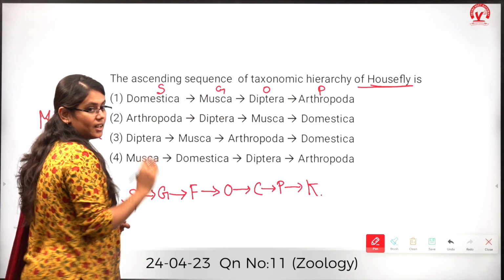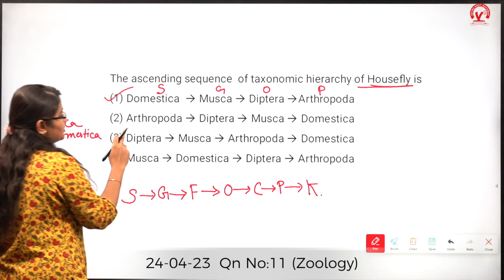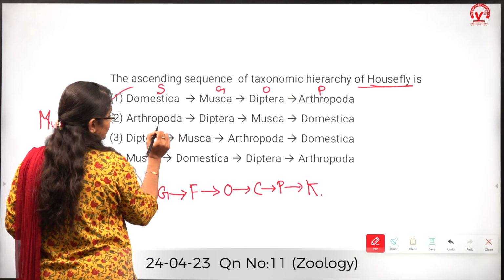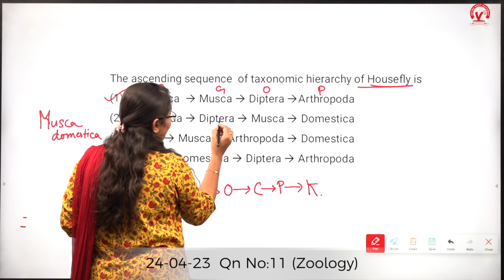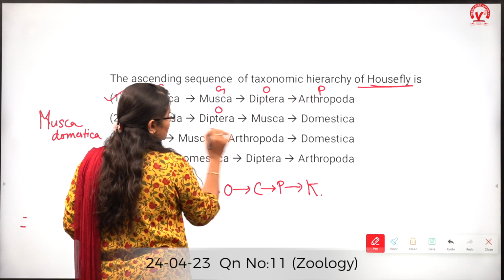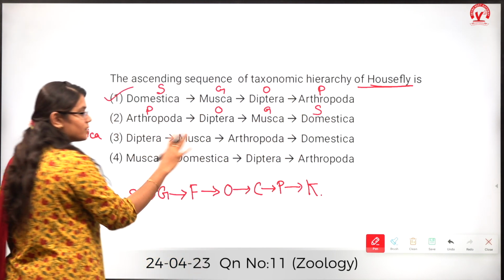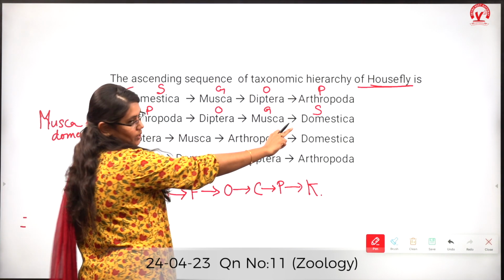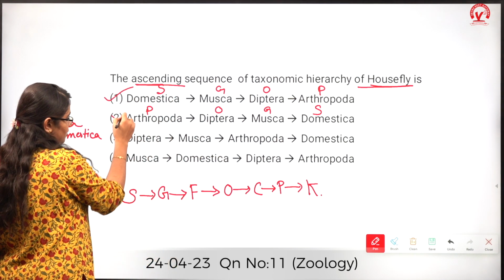So this is in correct order. This option is correct. Coming to other options, Arthropoda comes first. So the phylum is coming first and after that we have order. So this is not right, and next we have genus and this is species. This is also correct, but this is the descending sequence. They are asking about ascending sequence. So this option is not right.